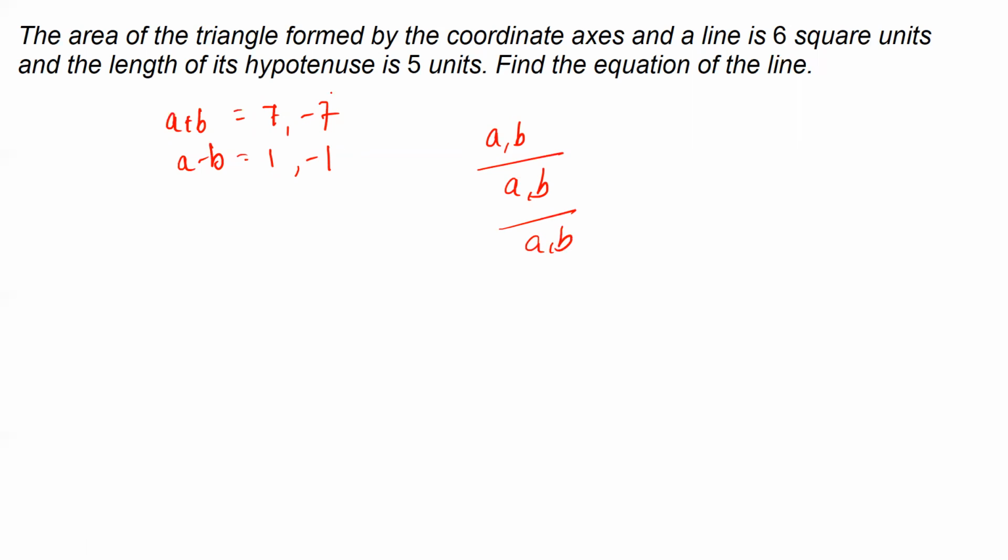And if you take a plus b as minus 7 and a minus b as minus 1, you'll be getting yet another combination of a and b. So for all of these combinations, if you plug them one by one inside this equation, you'll be getting 4 different equations of straight lines, and all of these 4 equations will actually be your answer. So I'll leave it to you as an exercise to complete this question.